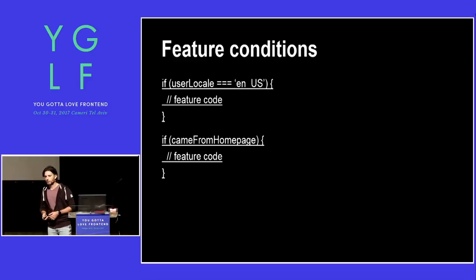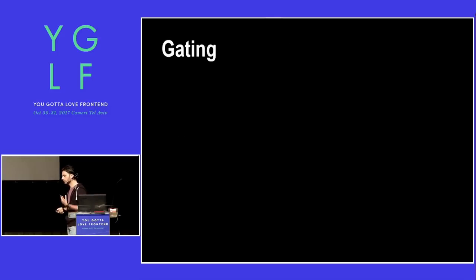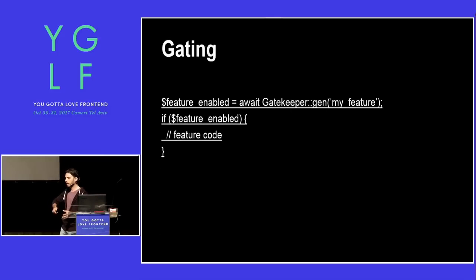Or maybe you want to expose a certain promotion to someone who came in from the homepage. Or maybe just have a kill switch. But having all that in the code is cumbersome. It takes hours to propagate into production, and you have very limited visibility. So instead, we let a separate configuration do that for us.